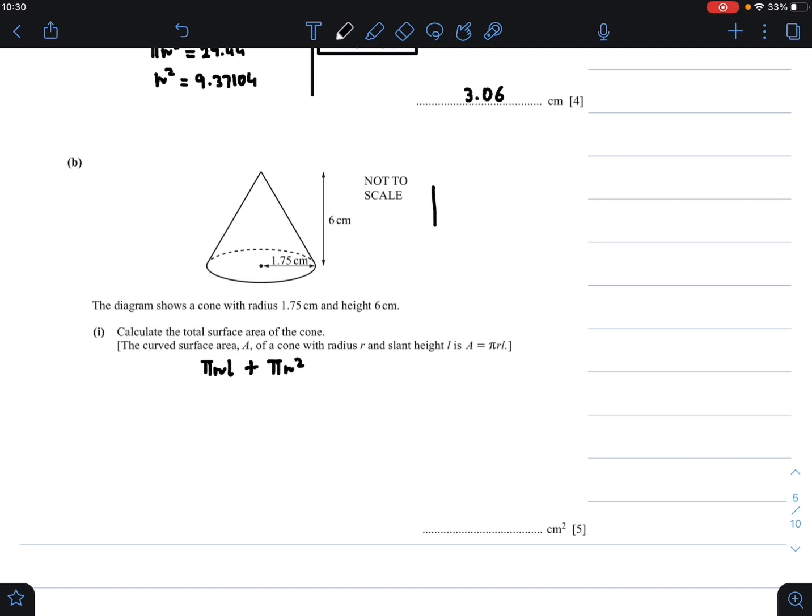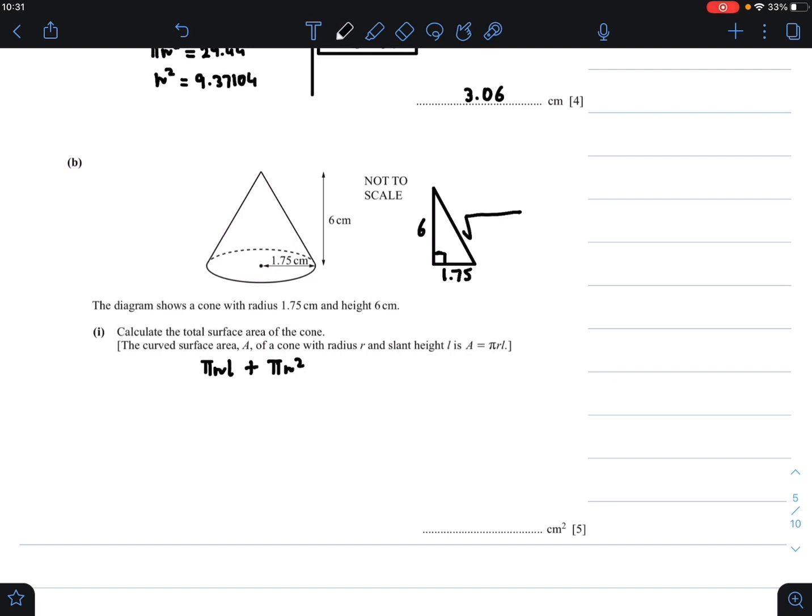Now they've given us the height, and they've given us the base, that is the radius. We need to find the slant height. Now this is actually a right-angled triangle, and we know 2 sides of the triangle, so we can easily find the hypotenuse. So the hypotenuse will be equal to the root of the sum of the squares of both sides.